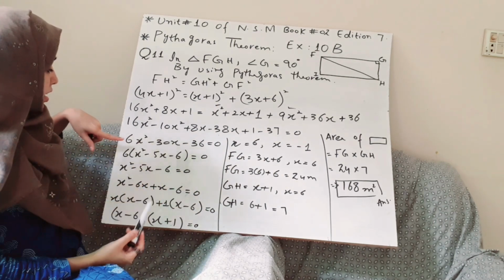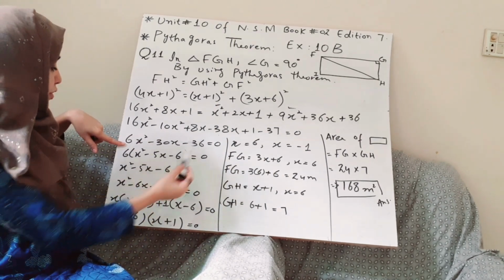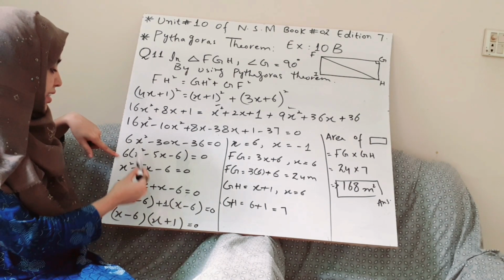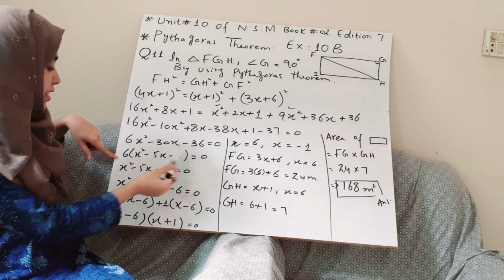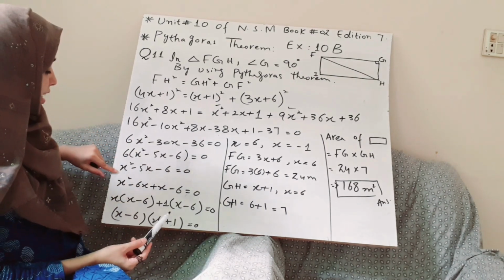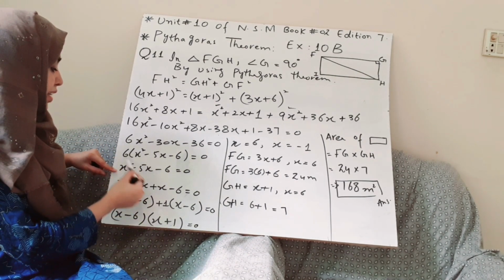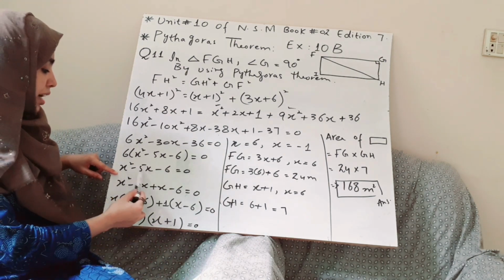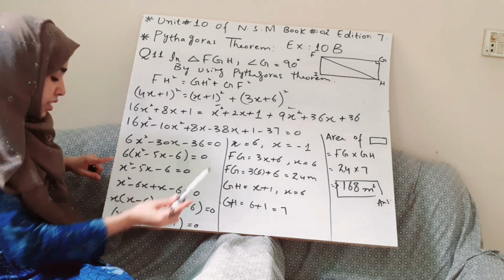After solving from here, we can take 6 common. 6 1s are 6, 6 5s are 30, 6 is 36. Then after taking common, in the next step 6 is multiplying, so when it is shifted it will be divided, it will be 0. So the equation will be x square minus 5x minus 6.